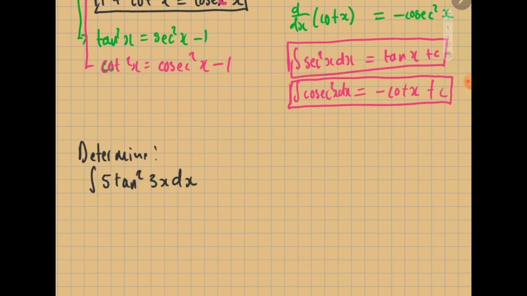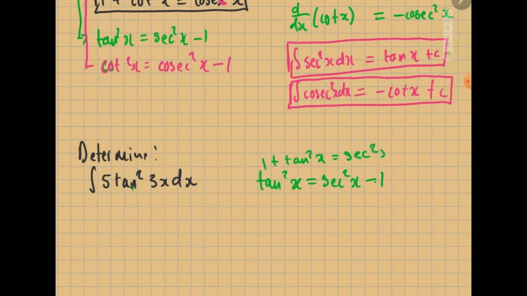So what do I know? I know that tan squared x is equal to sec squared x minus 1, because we know 1 plus tan squared x is equal to sec squared x.